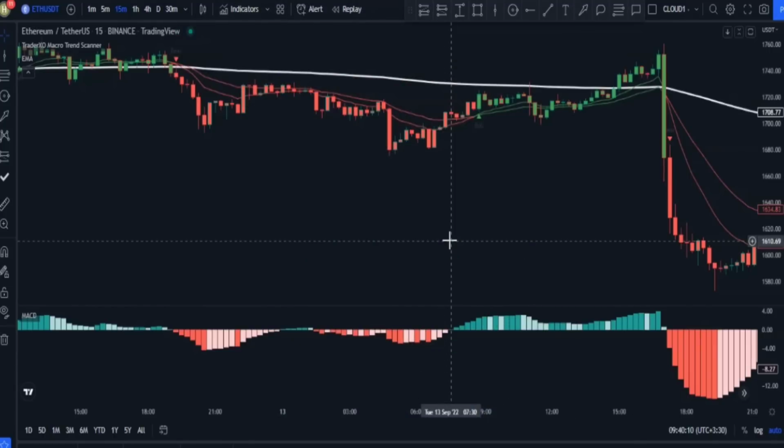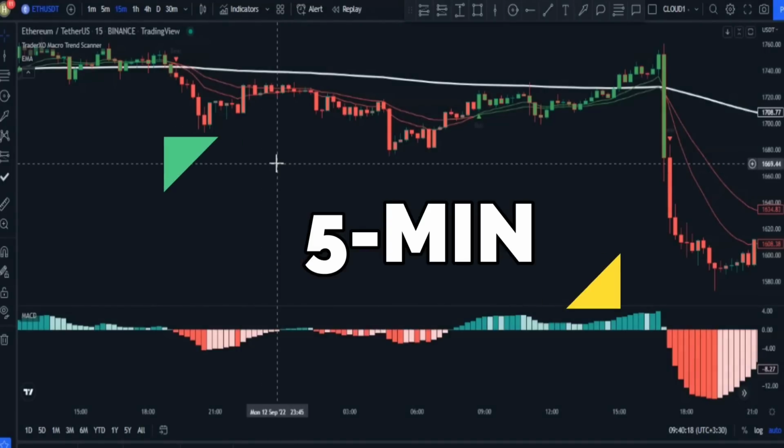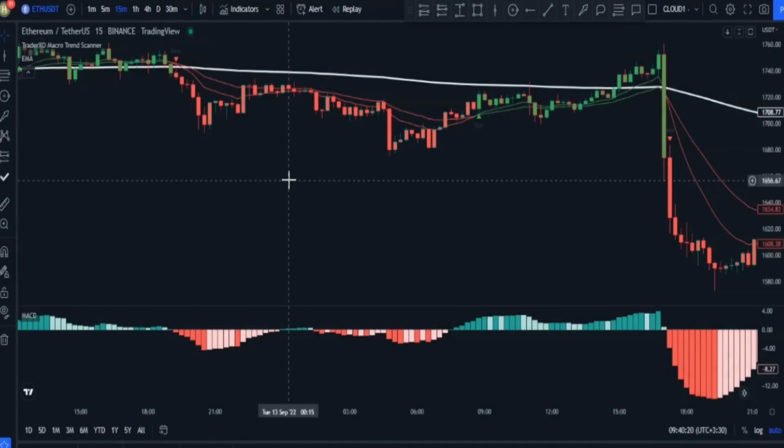Now that we've completely learned this strategy, I want to test it on the Ethereum chart with the 15-minute time frame. And I want to see how much profit we could have made in this trade using this strategy.